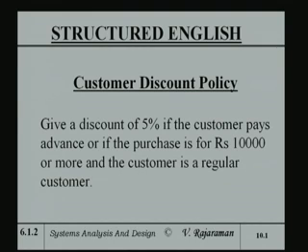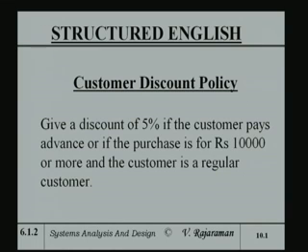For a given word statement, I am starting with a very simple example, but normally in practice your statements will be very long. When I say customer discount policy, what it really says is that it is a business rule used by the company to take a decision on when to give discounts and what conditions should be fulfilled in order to give discounts.